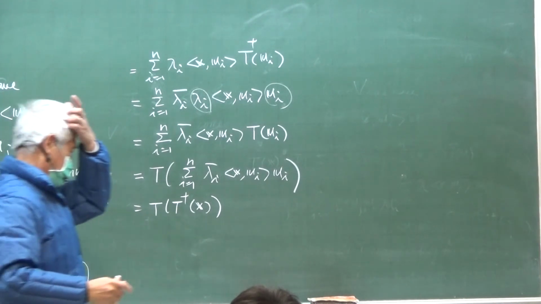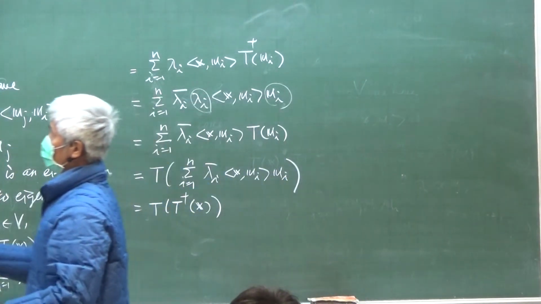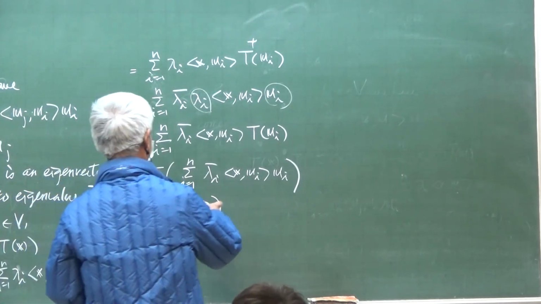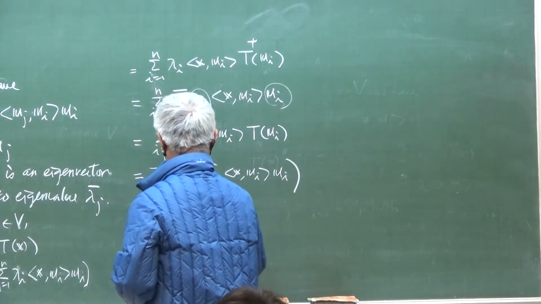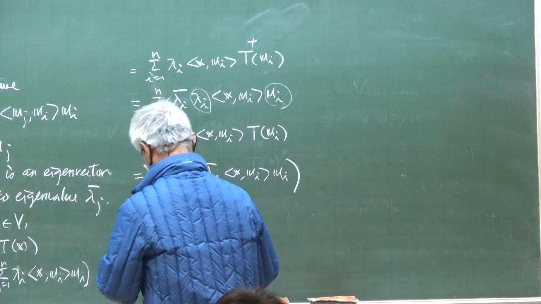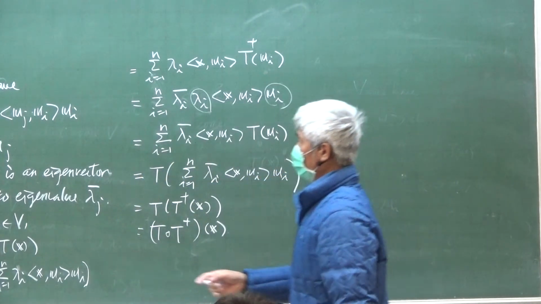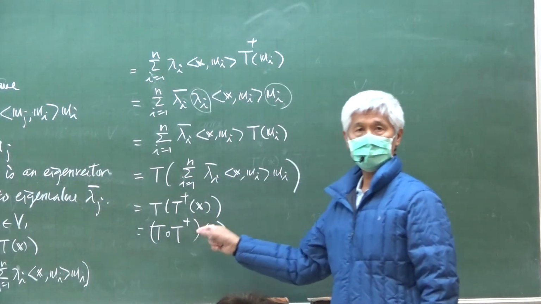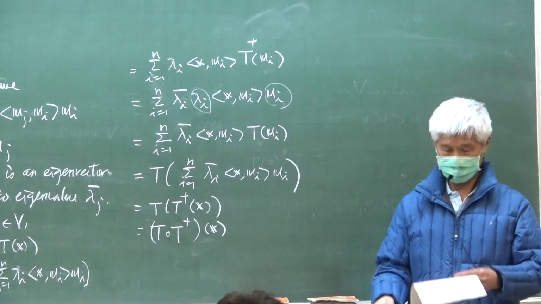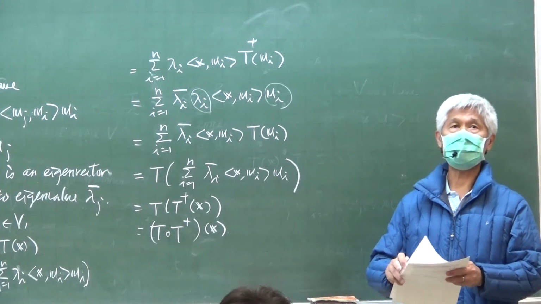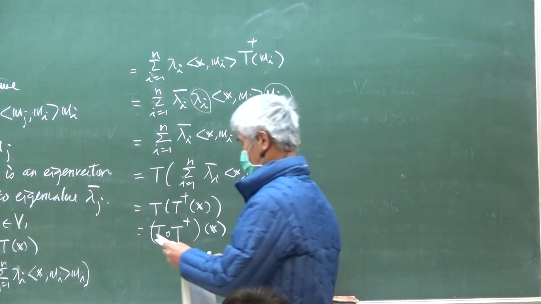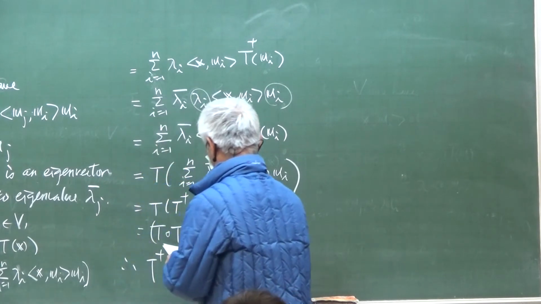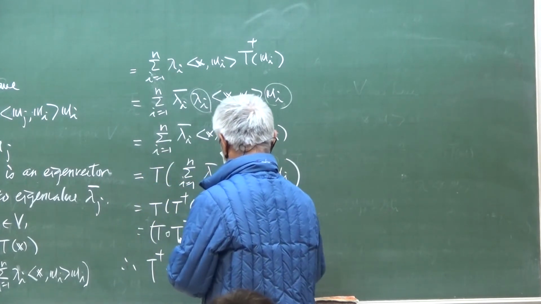So it has a spectral decomposition. Alright. So this is the spectral decomposition of T dagger, and so this is T dagger x. So we find that the composition of T dagger and T can exchange the order, so that they commute. So we have that T dagger composed with T equals T composed with T dagger.